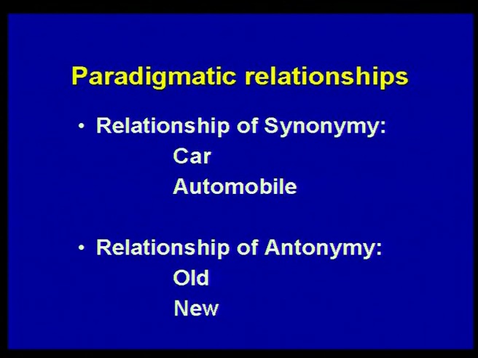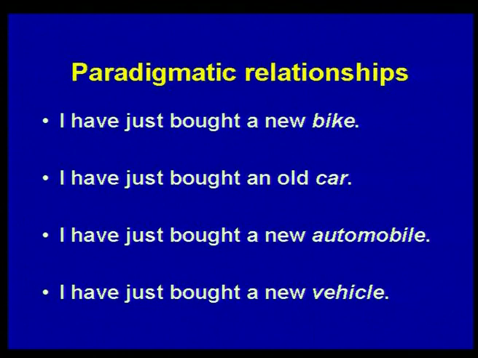Again, the words which have a paradigmatic relationship with one another can have different kinds of meaning patterns. For example, look at the sentences. I have just bought a new bike. I have just bought an old car. I have just bought a new automobile.